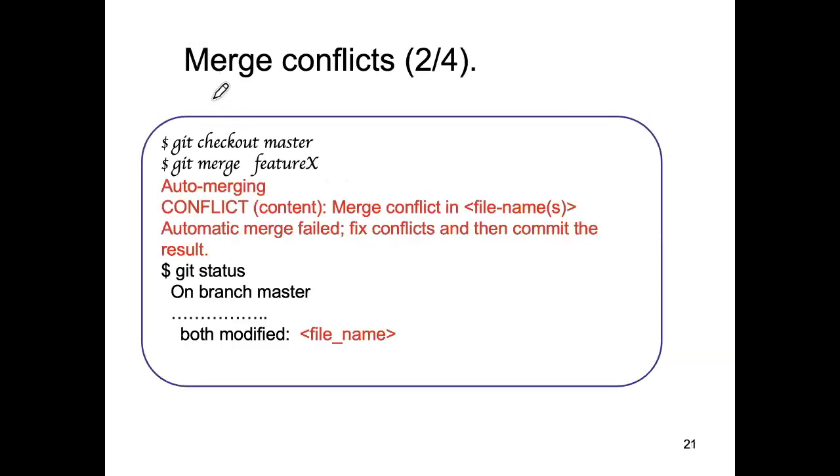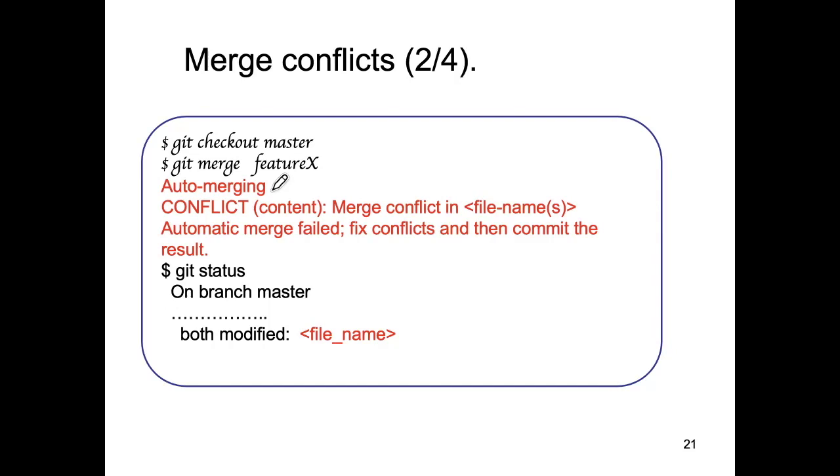In terms of how I would do the merging of my feature branch, feature X, and master, same as before, git checkout master, because I'm always merging into the master, then git merge feature X. But now it's going to come back with some detail.